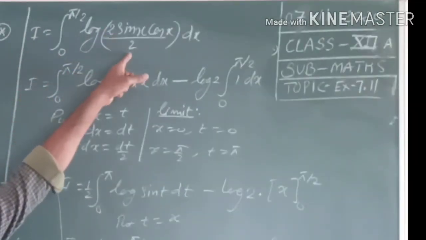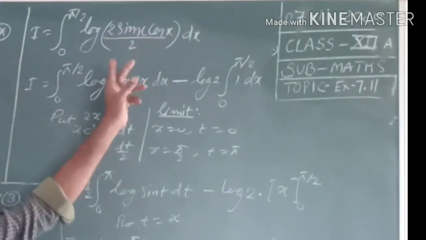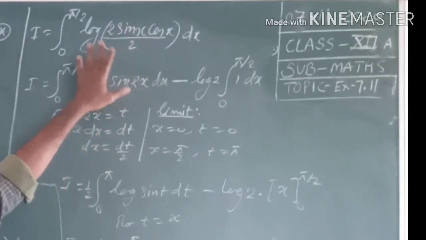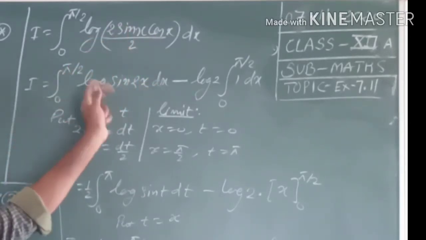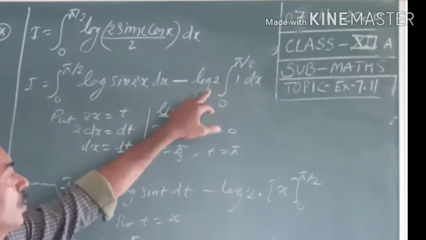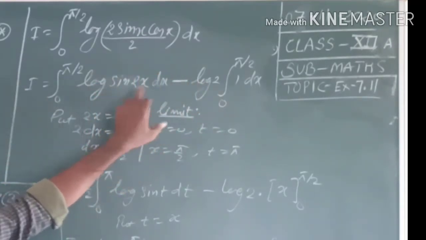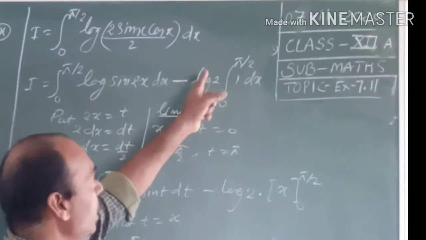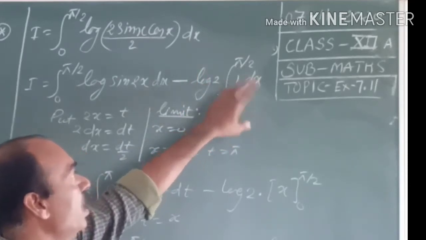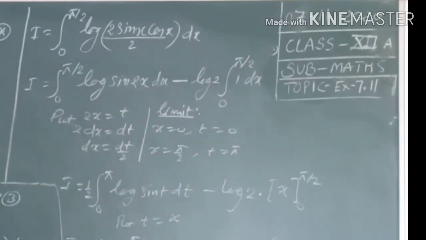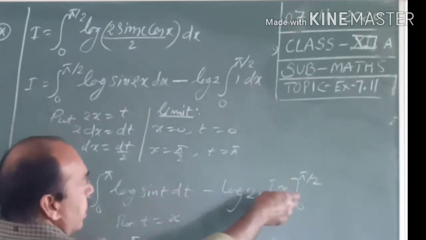So it is the formula of sin 2x, sin 2x upon 2. Once again by logarithm rule, write log sin 2x minus log 2. Log 2 is a constant, so write it outside the integral and only 1 remains inside, and the integral of 1 is only x.